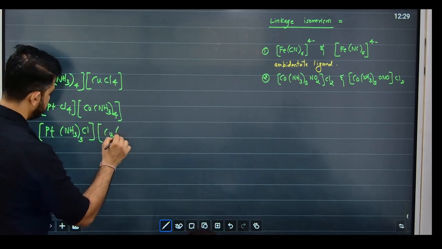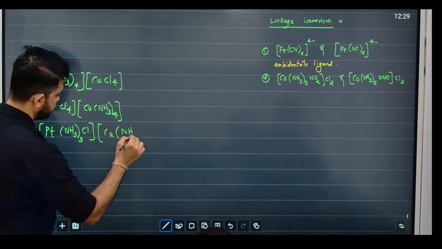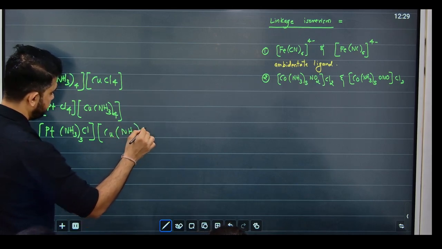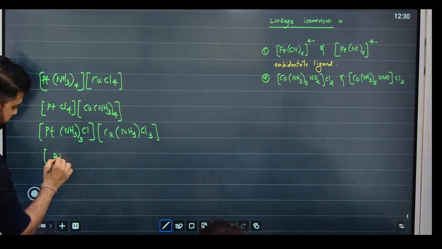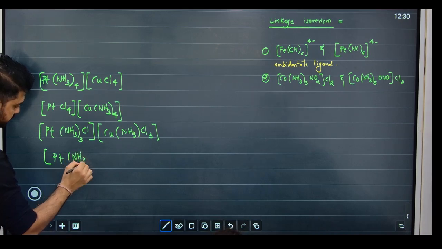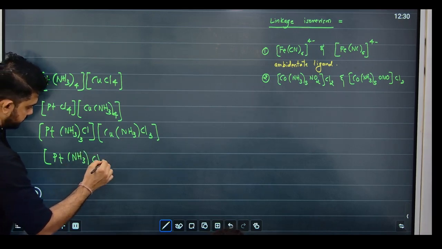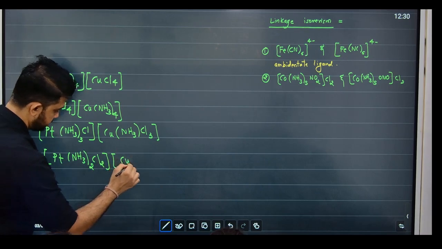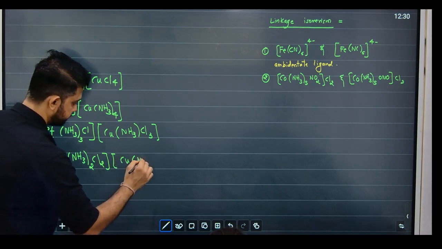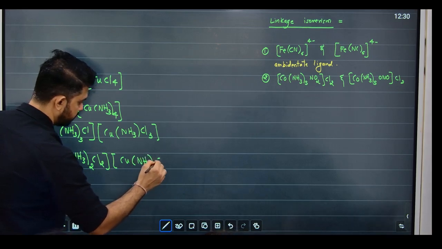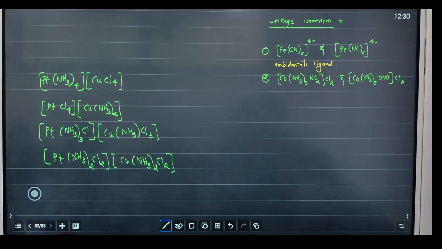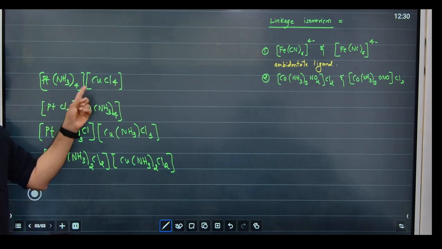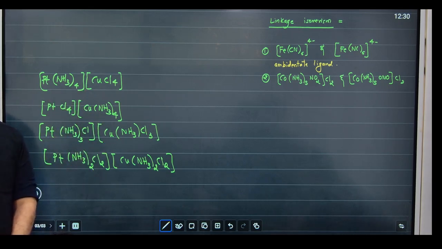If you're done with that, observe the next example and tell me about this. How do you explain this particular isomer? What are we just doing here? Exchanging their, we're just exchanging their ligands.